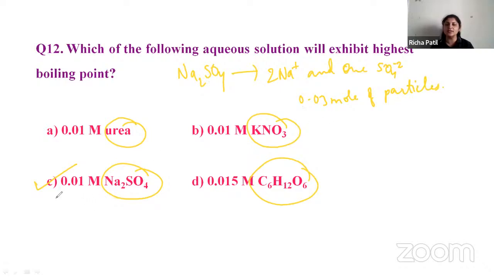So because of this reason, it is C, that is 0.01 molar Na2SO4. The others, urea and KNO3, are +1 and -1, so they have 2 particles. Here there are 3, right? Because of this, the number of particles will be greater for Na2SO4. Okay, we'll go for the next one.